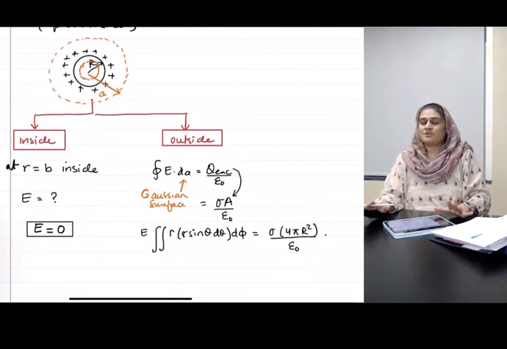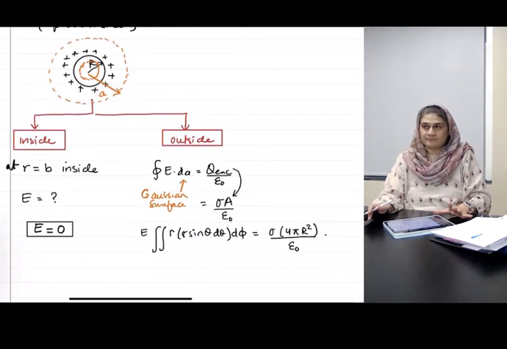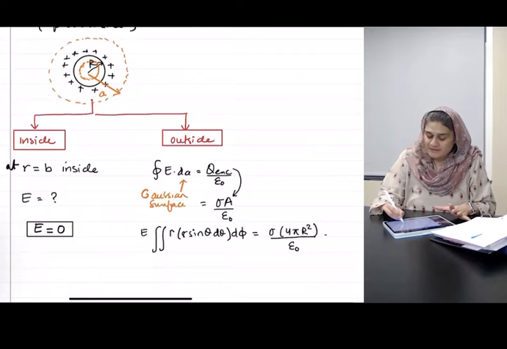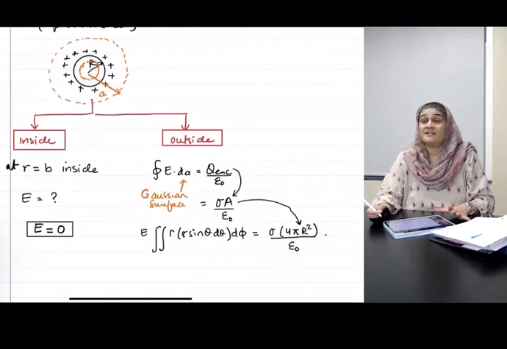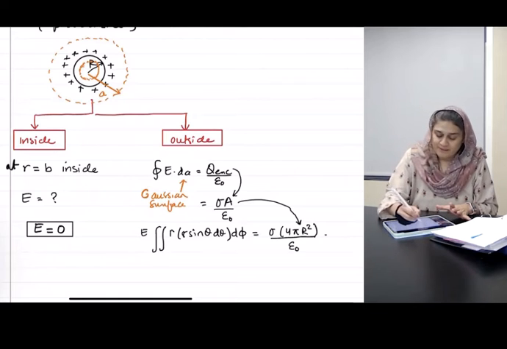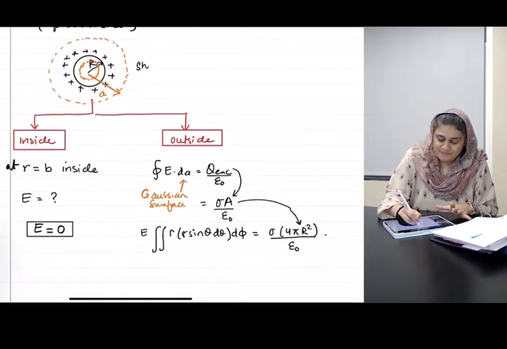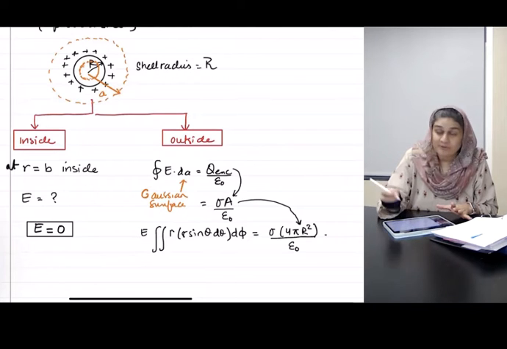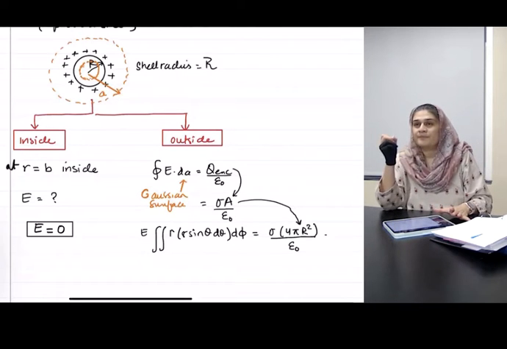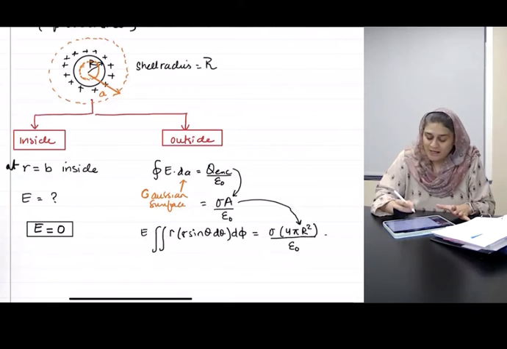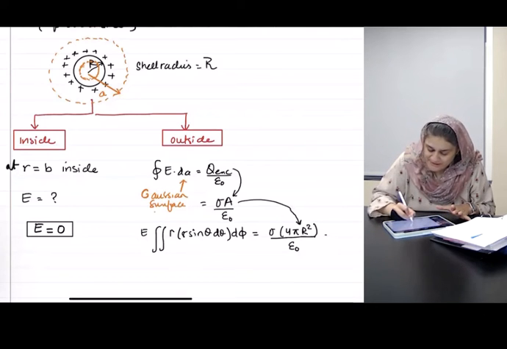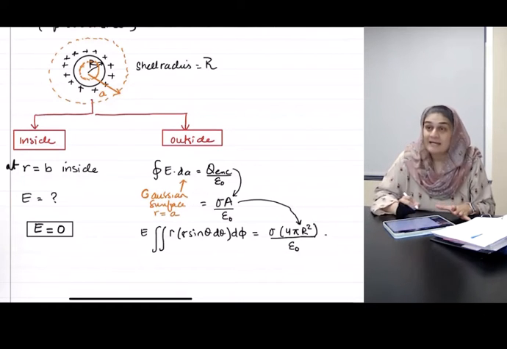Make sure you understand this. Note this area uses up the radius of the shell itself, right? The shell radius is capital R. Whereas the Gaussian surface r is A.